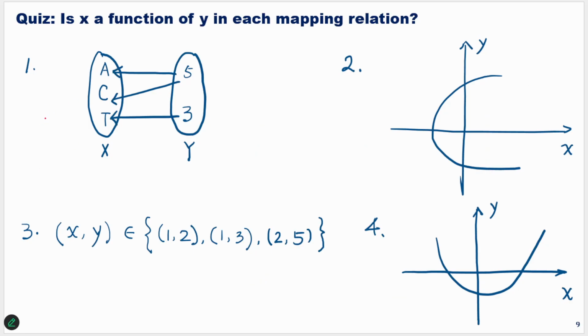Same graphs, and this time, is x a function of y in each mapping relation? Yes, no, no, yes, no. Sorry, yes, yes, no, no. You say yes, yes, no, no. Is the first one a function or not?